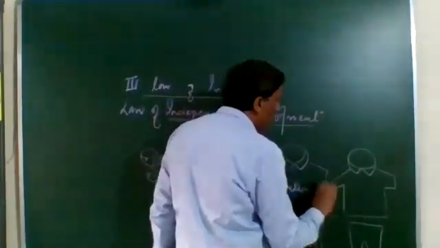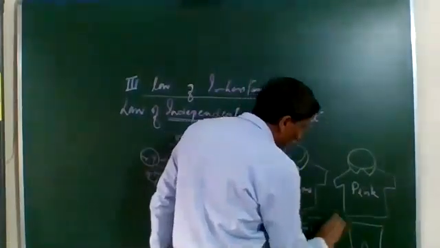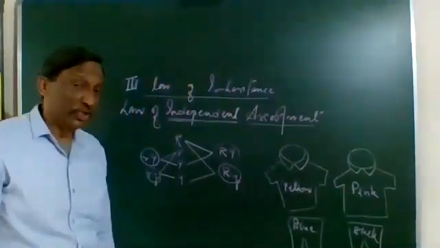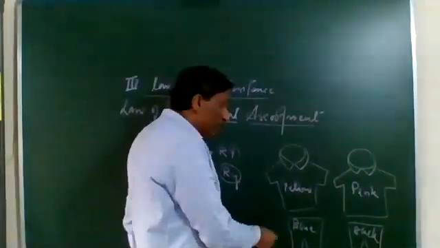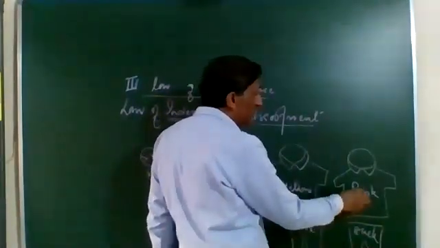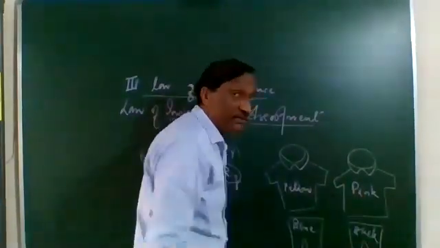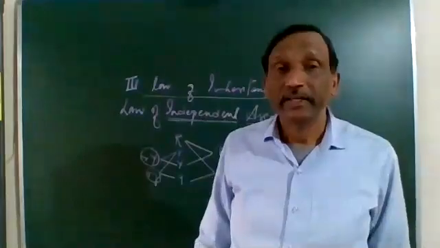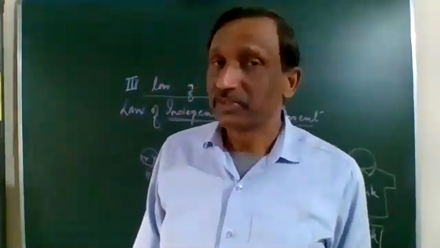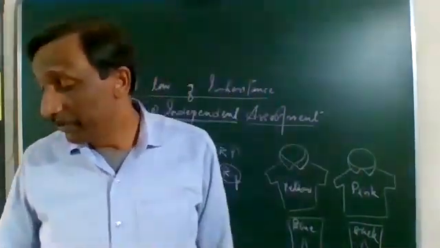Now the child is free to wear any combination. He can wear a yellow shirt with blue pants or a yellow shirt with black pants. He has the freedom to wear a pink shirt with blue pants or a pink shirt with black pants. Similarly, capital R is free to go with capital Y or with small y. Small r is free to go with capital Y or small y. So this is called the law of independent assortment.